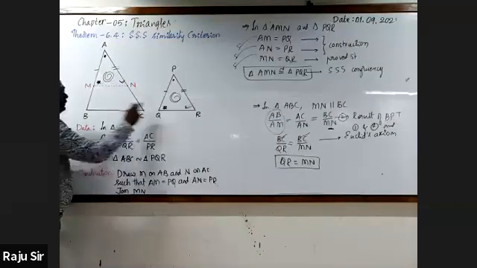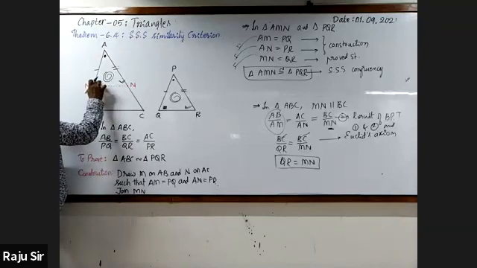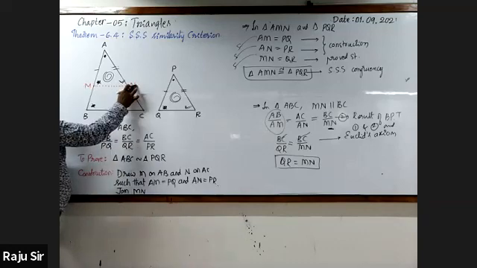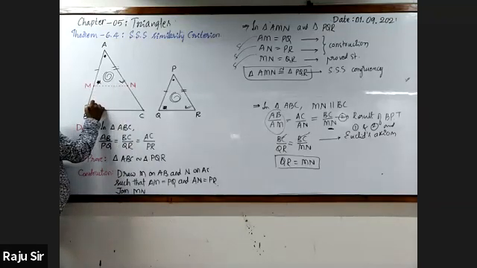But we want angle B equal to angle Q. Angle AMN equals angle B because they are corresponding angles. We have already proved MN parallel to BC, hence this angle equals this angle.